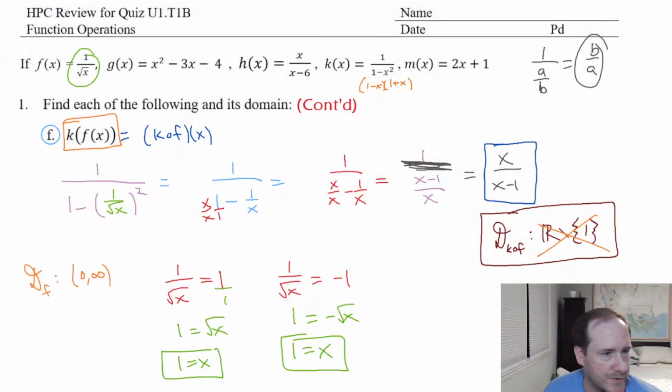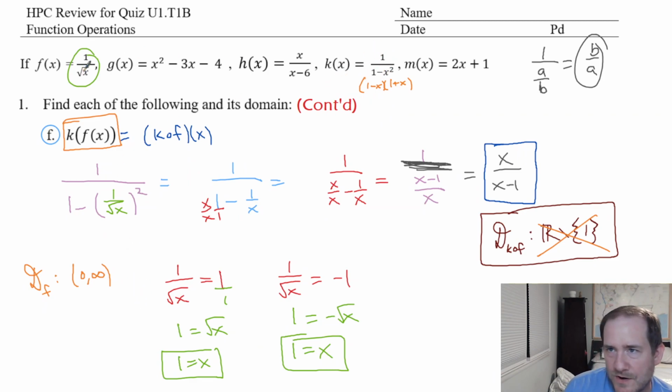All right, go away, Desmos. Anyway, this turned out to be a pretty interesting question, because it turns out we do have some domain restrictions that we would have missed, but those domain restrictions don't actually come from k of x.